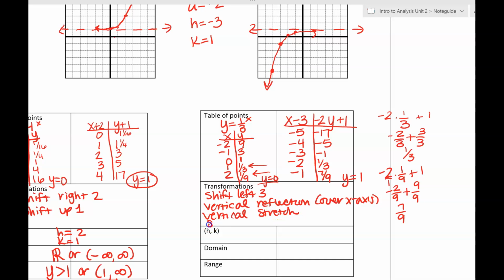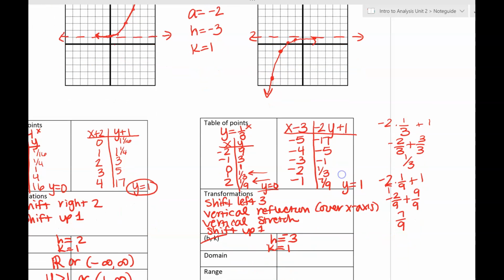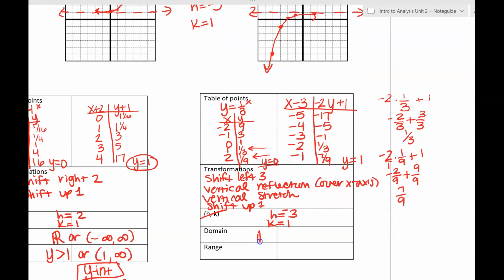And I see that we added 1, so that's a shift up 1. Our h and k aren't really a point here, but we still need to see them properly. So h was -3 and k was 1. Again, our domain is all reals. And then our range you see is everything below 1, or from -infinity until 1.